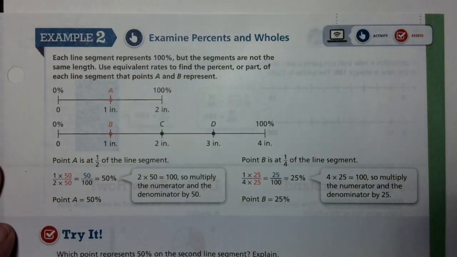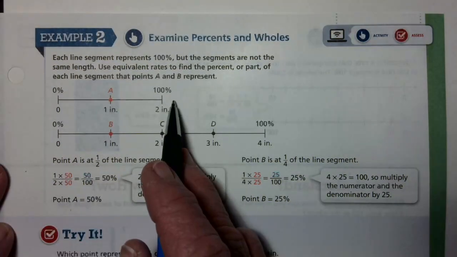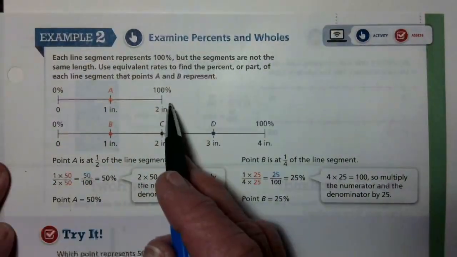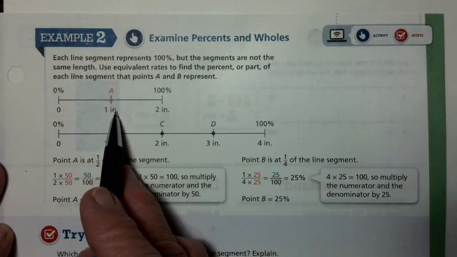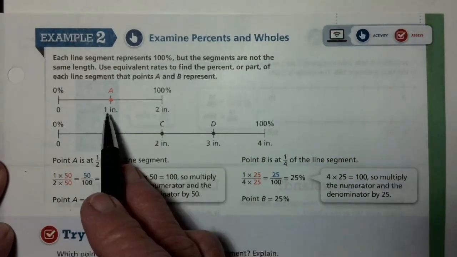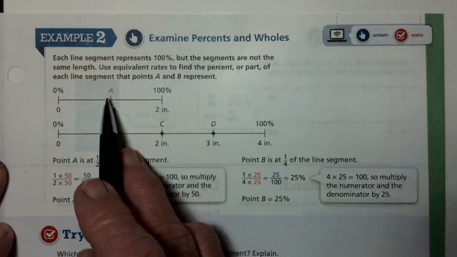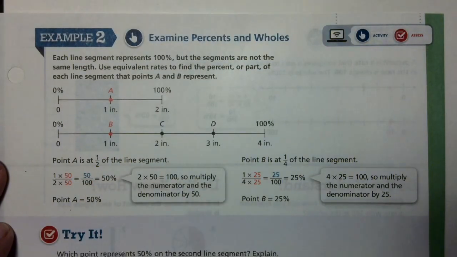Use equivalent rates to find the percent or part of each line segment that points A and B represent. Okay, so this is all of this line. If this whole line, the whole length is 2 inches, and this is at 1 inch, then the whole thing is 100%, so this number is half of that number, so this would have to be 50% because it's half of 100%.